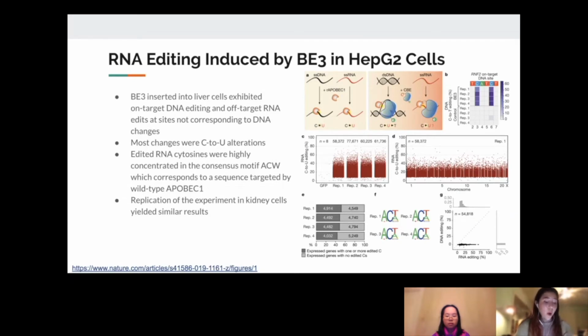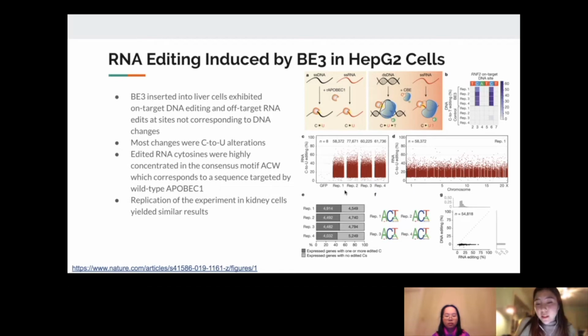So transcriptome-wide RNA editing with BE3 was assessed using RNA-seq of the entire RNA. And it was found that RNA base positions were altered in cells expressing BE3, but not in control cells that expressed the BE3 complex lacking ApoB-C1. So the vast majority of these changes were C to U, distributed throughout the transcriptome.